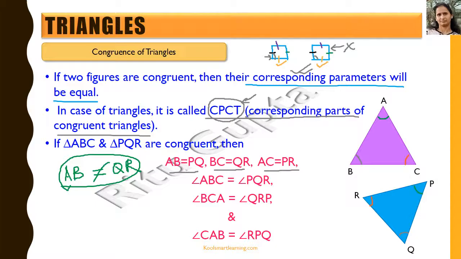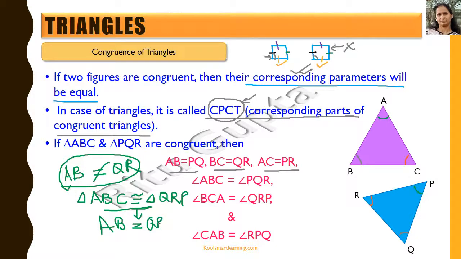Now if we have to equate a different pair of sides or angles, then we may have a different terminology, a different way of putting it, and we may actually say triangle ABC is congruent to triangle QRP. Now if this is the case, then we can say that AB will be equal to QR.